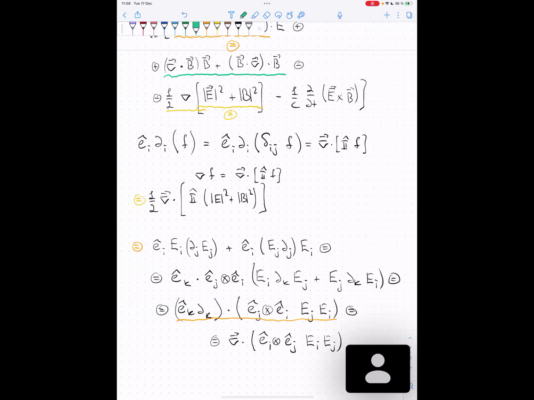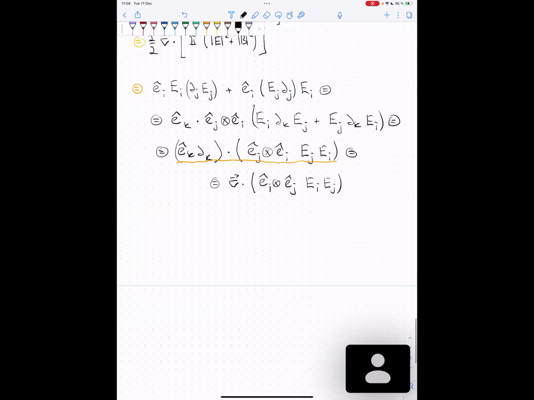obviously we can do the same with the magnetic field, and in the end we have the Lorentz force equal to the divergence of 1 over 4 pi, E times E plus B times B minus the identity tensor times the square modulus of E plus the square modulus of B, divided by 2.